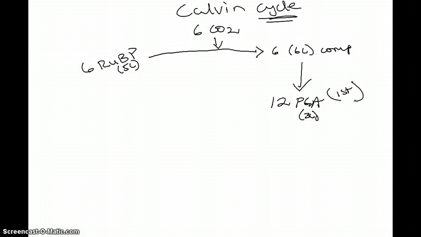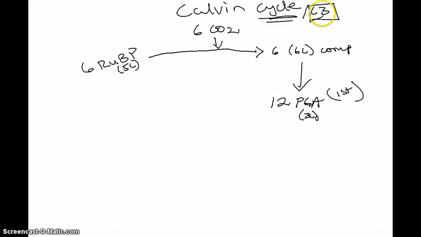And this is why the name 3C or C3 pathway is also used. The Calvin cycle is also known as the C3 pathway, meaning 3-carbon, because PGA is the first stable compound.